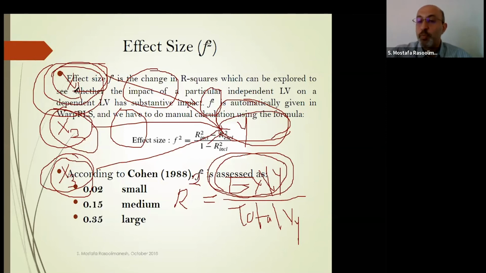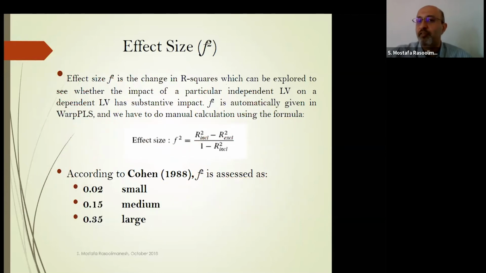We already did this based on the value and size of the beta coefficient, the path coefficient. This is another criterion, in addition to size of path coefficient, to identify the importance of each variable to explain the dependent variable. So effect size is another important criterion for assessment of a structural model.